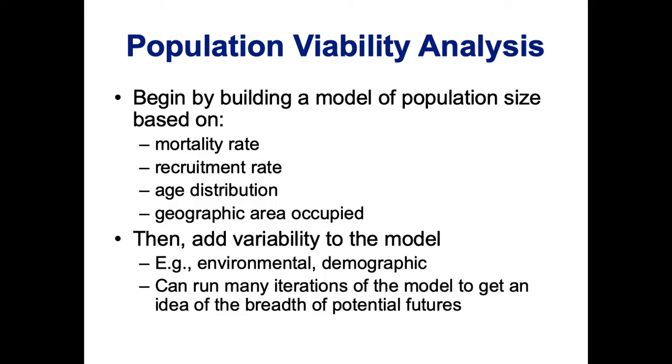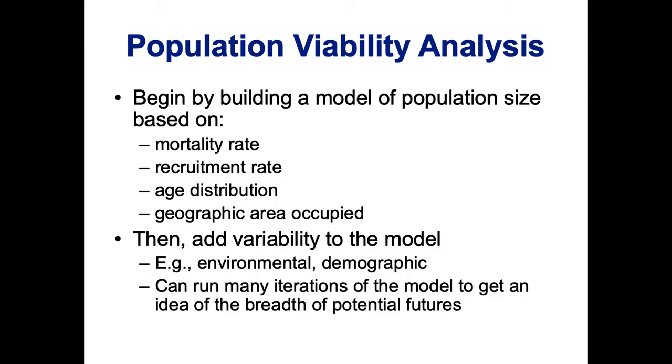Then you add variability into the model. Remember, we talked about stochasticity, both demographic stochasticity and environmental stochasticity. You need that variability in the model so that we can come up with a range of different possibilities. If you have the model predict one population size in, say, 20 years, it's almost certainly going to be wrong.